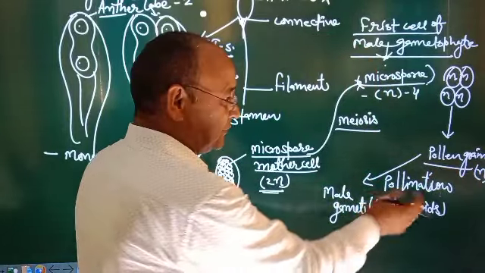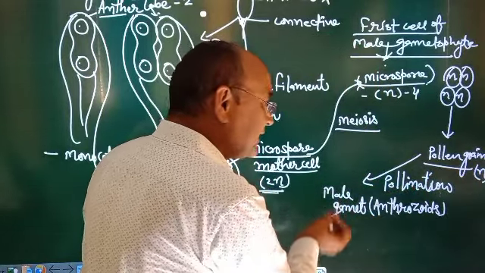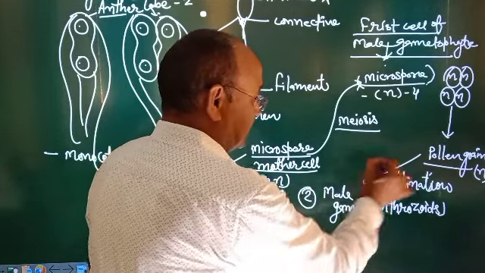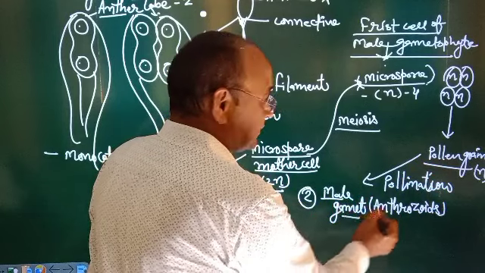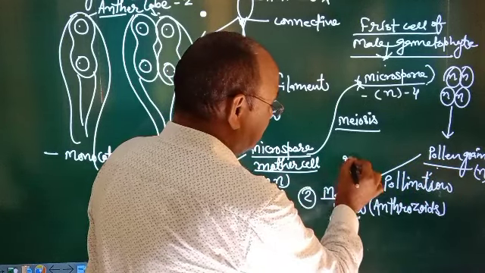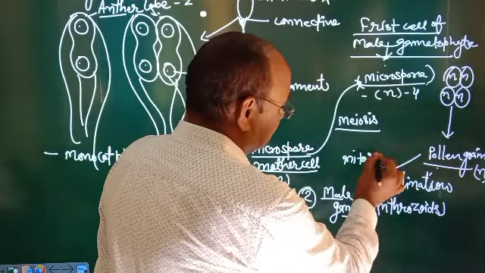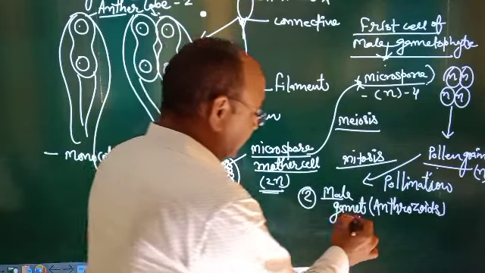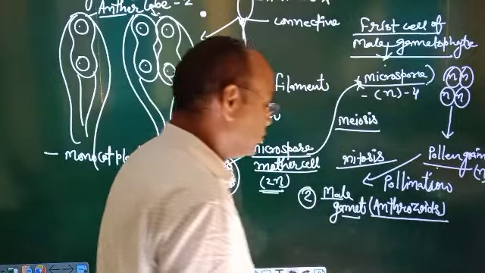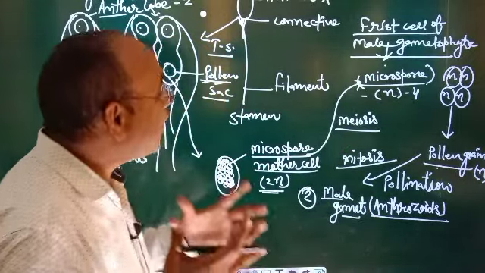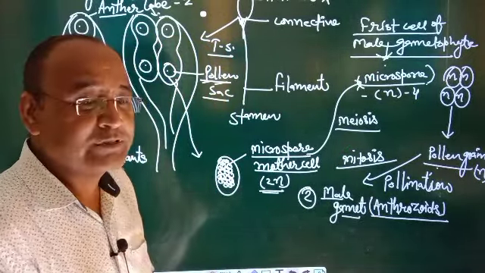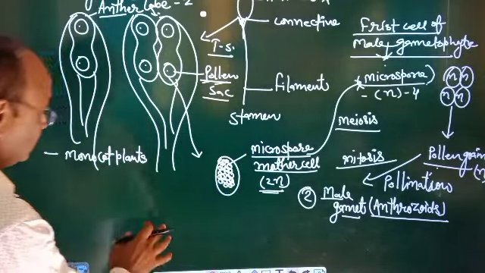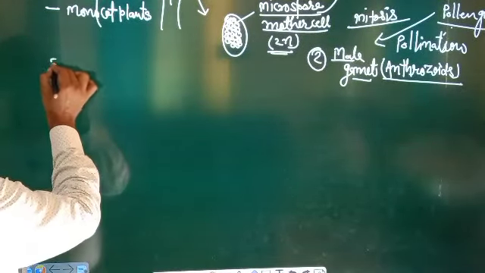After the pollination, pollen grain produces male gametes, or I can say 2 male gametes, because for the male gamete pollen grain undergoes mitosis. Okay, and the name of male gamete is anthrozoids. So this is how male gametes are produced in plants. It is clear.